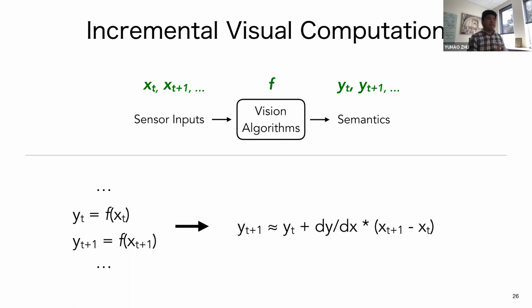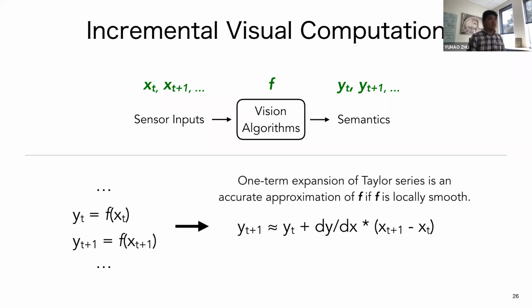To compute y_{t+1}, we can approximate it with this equation. Now, if you stare at this equation for long enough, you realize that it's nothing more than a one-term expansion of the Taylor series. And this one-term expansion is an accurate approximation of the original function f if f is locally smooth. If you remember from your Calculus 101, that's one of the major conclusions there.